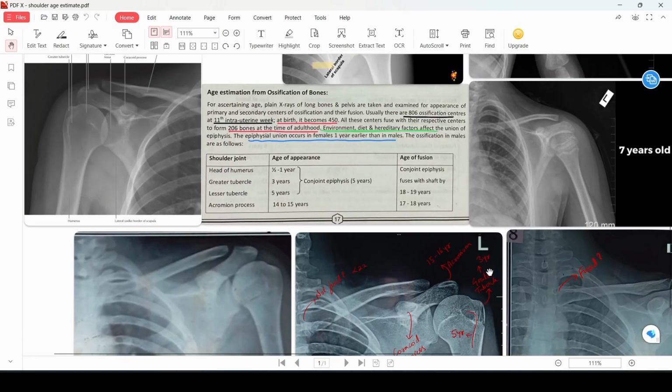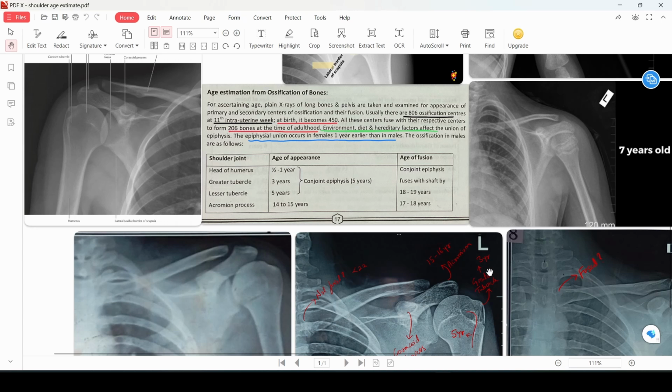So at the end, what I am trying to say is that the timing of ossification is not random. It follows a highly regulated process, driven by genetics and physiological need.